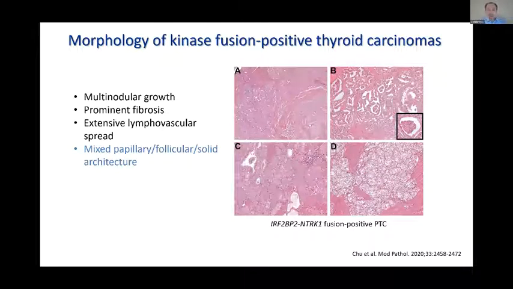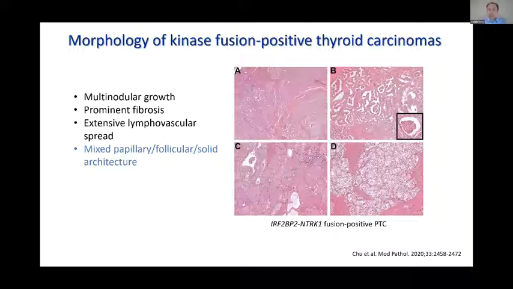A very nice recent paper published from MGH suggests that tumors that are positive for these receptor tyrosine kinase fusions are characterized by multinodular growth, prominent fibrosis, and extensive lymphovascular spread. They also suggest that when you see these morphological features, you should have a higher index of suspicion for the presence of a gene fusion in this tumor.